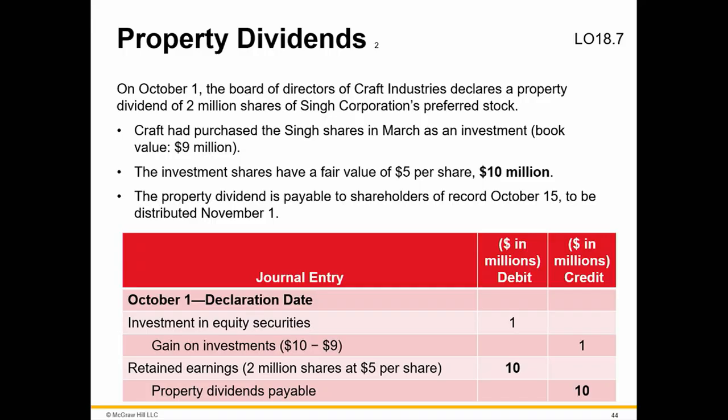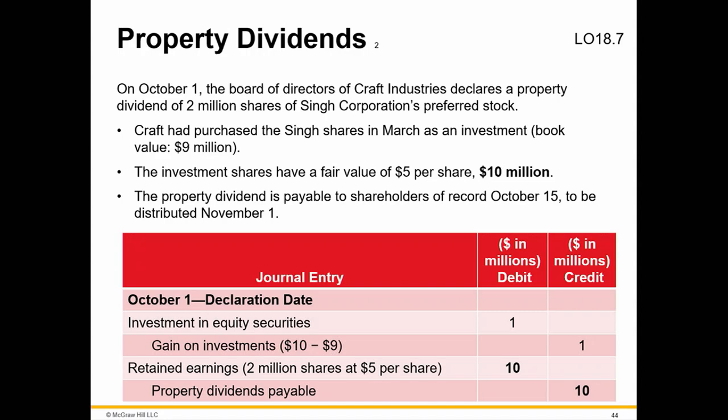So the first thing you see here is the date of declaration. Now, the first thing we have to do, and I don't know if you remember this from when we did investments in securities back in chapter 9, we have to write up the fair value. Kraft had purchased the Sing shares in March as an investment. They have a book value of $9 million.